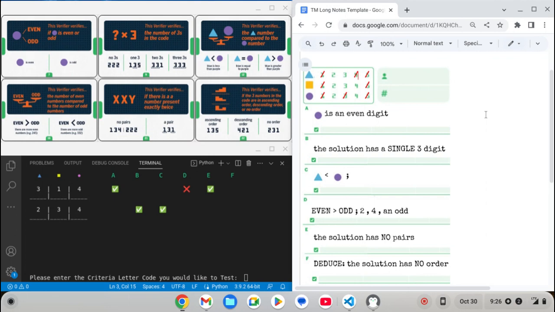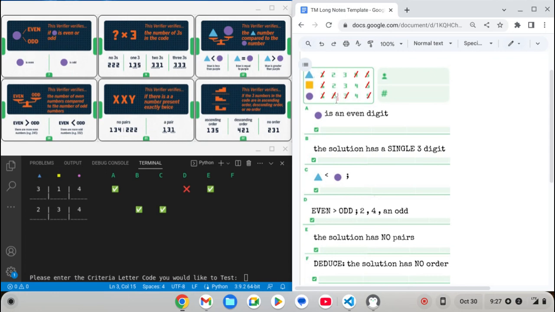Let's see, what else? Can we then cross out what? So triangle can't be 4. Can circle not be a 2? Is that correct? Yeah, so if circle is a 2, there's nothing smaller for triangle to be.